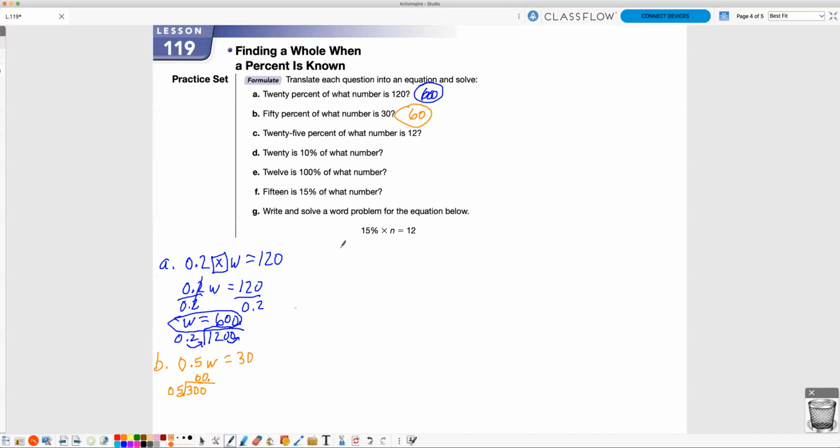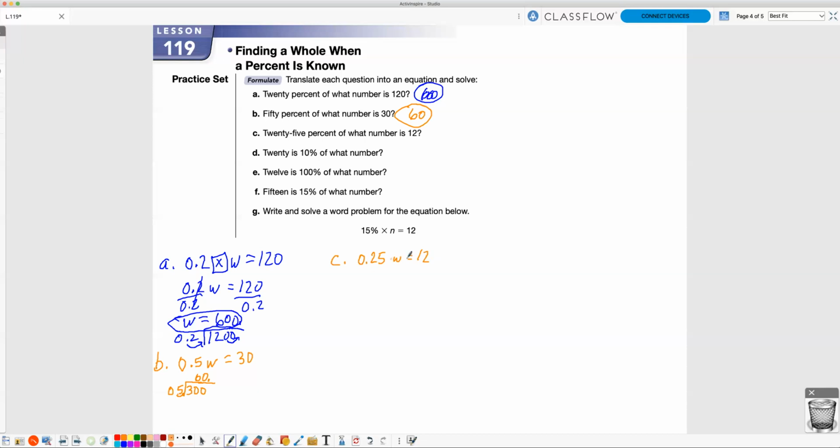Let's do letter C. Let's do that one right here. 25% of what number is 12? So 25% could be as a decimal, looks like this. Of what number? I'm going to put W. Remember, it's of, so it's saying times what number. And there's the is word, which means equals 12.